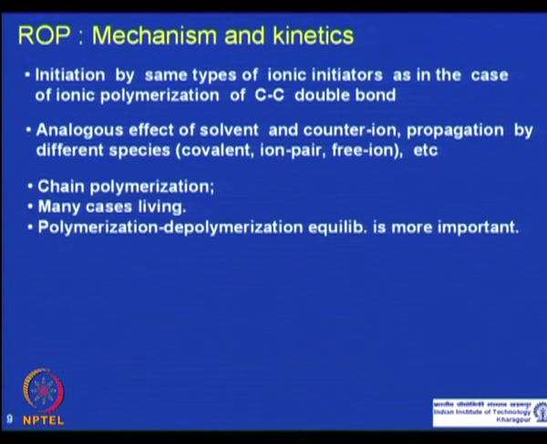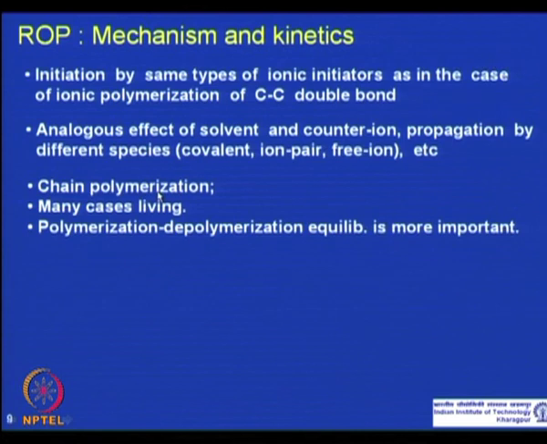Polyesters and polyamides are typically synthesized, as we discussed earlier, by step polymerization, but they can also be synthesized by ring opening polymerization of the cyclic monomers, and the mechanism here is chain polymerization.